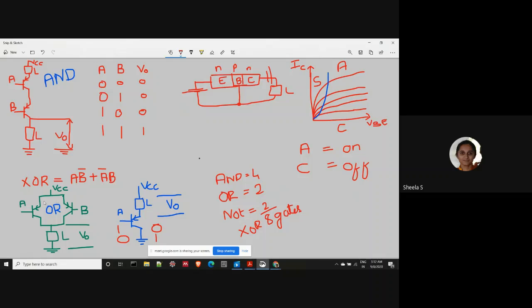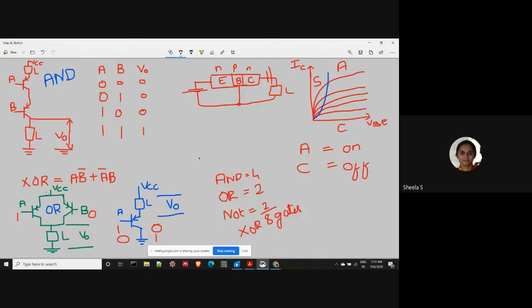So here what we can see is these two transistors are connected in parallel. So when both the transistors are turned off, there will be no flow of current between VCC to ground. Suppose if any one transistor is turned on, let us consider when A is equal to 1 and B is equal to 0. So in such case, what happens?